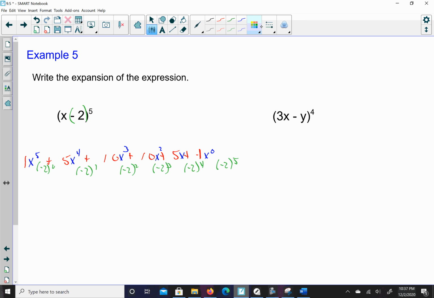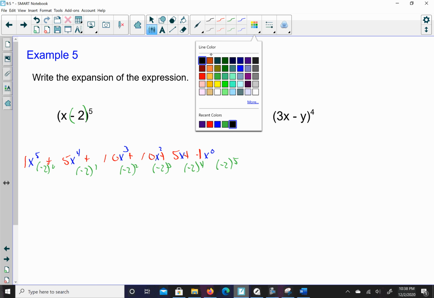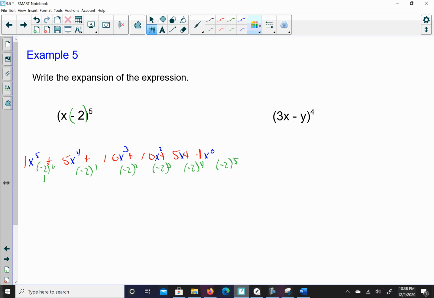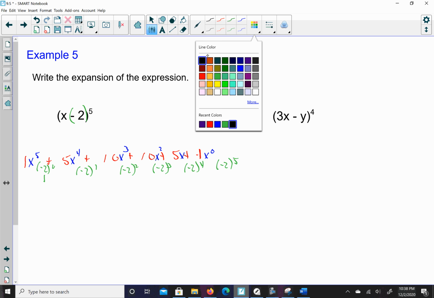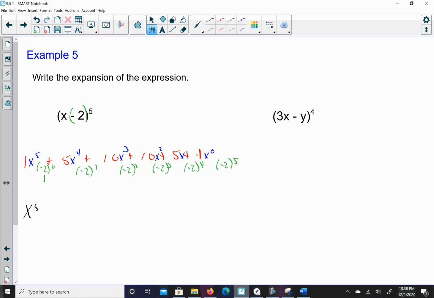So to find my answer, I am going to take 1 times, this is 1, so this will end up being just x to the fifth. And then I'm going to have 5, x to the fourth, negative 2, so this will be negative 10 x to the fourth. Then I'm going to have negative 2 squared, which will be a positive 4, so this will be 40 x to the third.